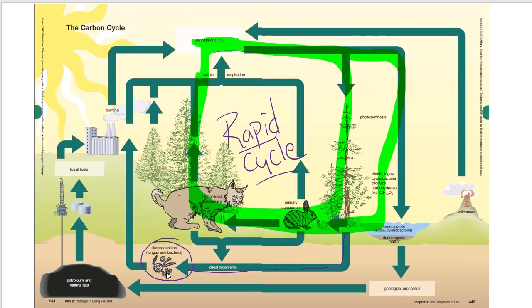And when decomposers break down dead materials, they produce CO2 again. But sometimes, if my plant material gets trapped in just the right conditions and it gets trapped underground where it can't decompose, then it can enter this slow cycle. And it can enter the slow cycle, and it can either turn into rocks and minerals.